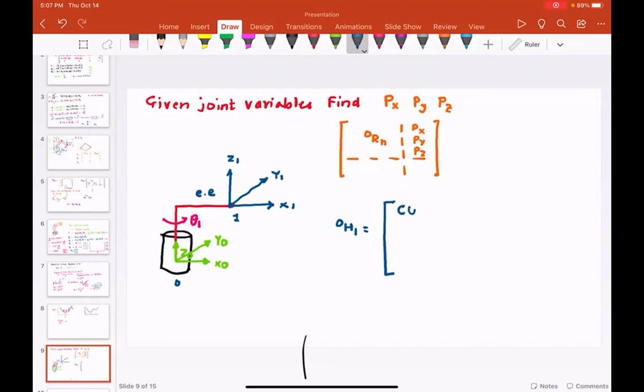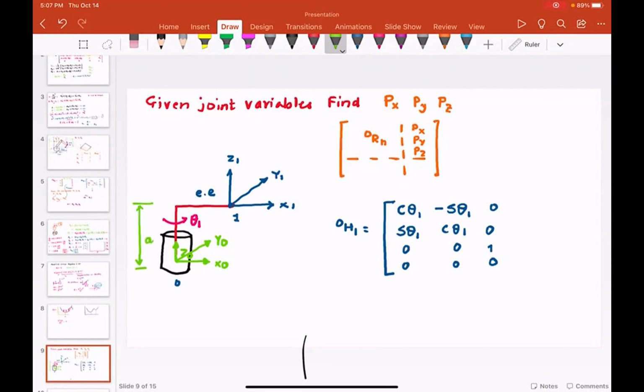This is going to be cosine θ1, minus sine θ1, 0, sine θ1, cosine θ1, 0, 0, 0, 1, 0, 0, 0. And here, can someone tell me what would be Px, what would be Py, and what would be Pz?